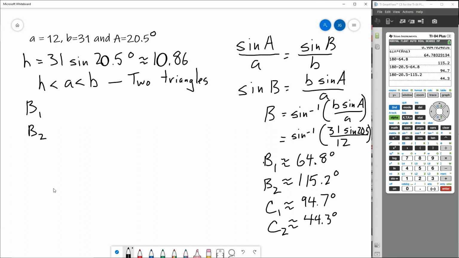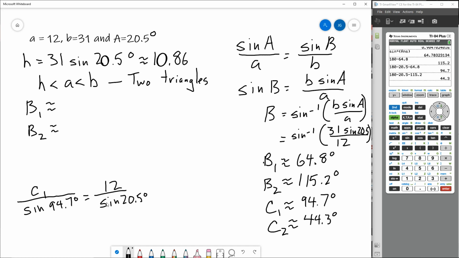Now our final step for each of these is going to be using the law of sines the normal way that we use it, with the sides over the sines of the angles, to find out what c is going to be in each case. So for our first c, I'm going to take the ratio of c1 to the sine of my C1, so in this case, sine of 94.7, and then equate that to 12, which is the value of my a, over sine of 20.5 degrees.